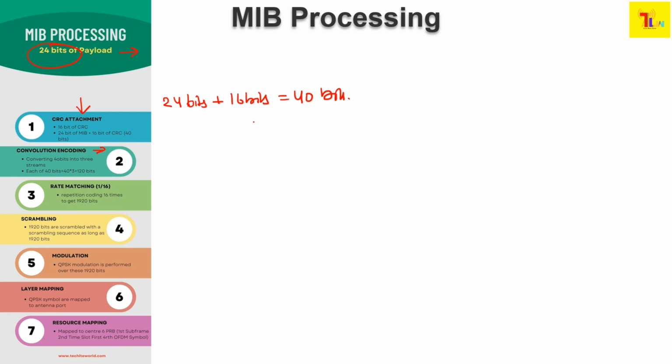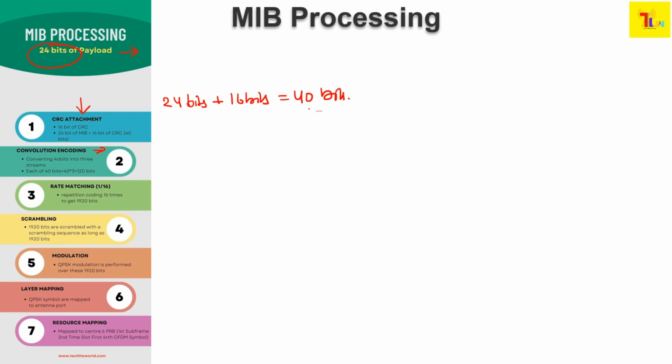So when we are performing the convolution encoding over these 40 bits, it will create three bits of information, meaning every output will form into three streams, and each will have its own function.